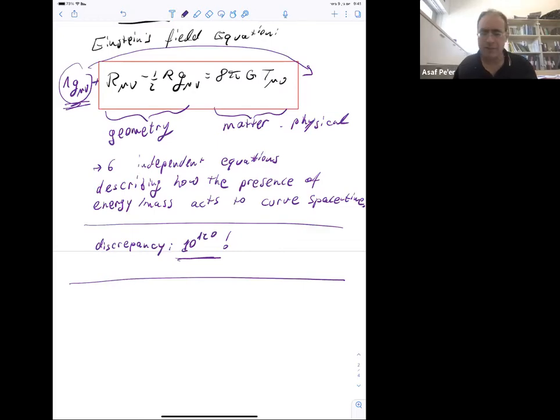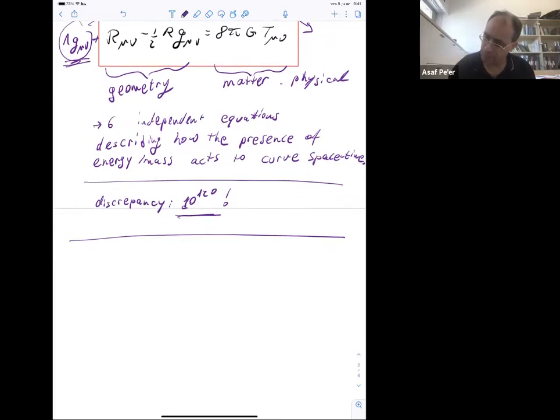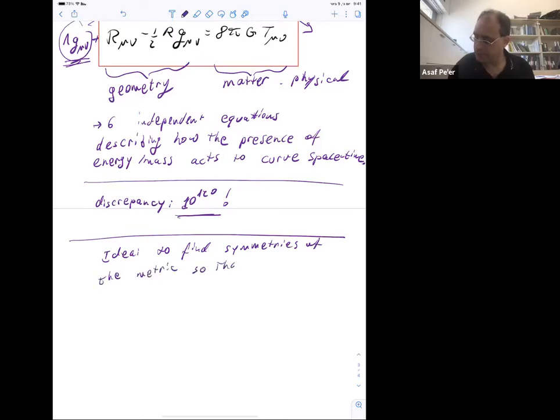The idea: find symmetries of the metric so that we can solve Einstein's equation.